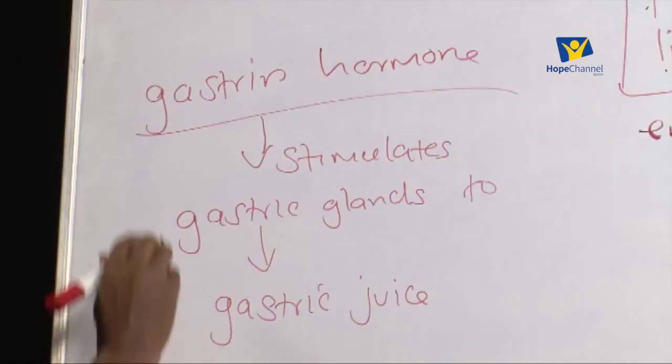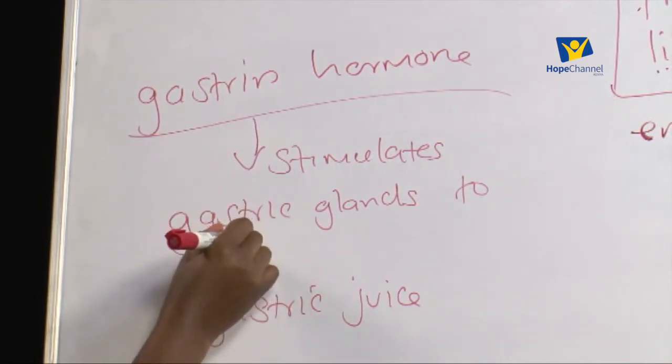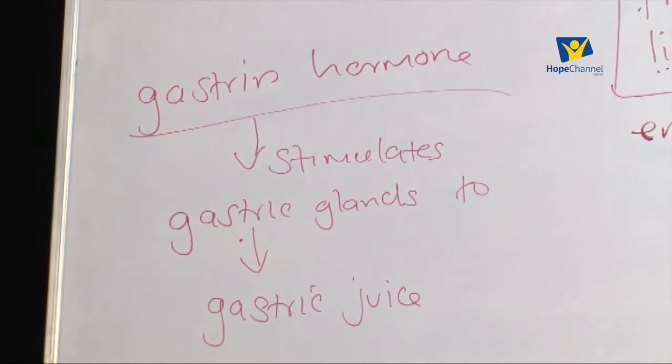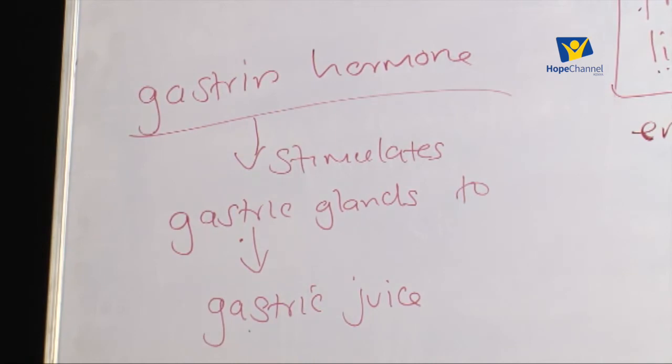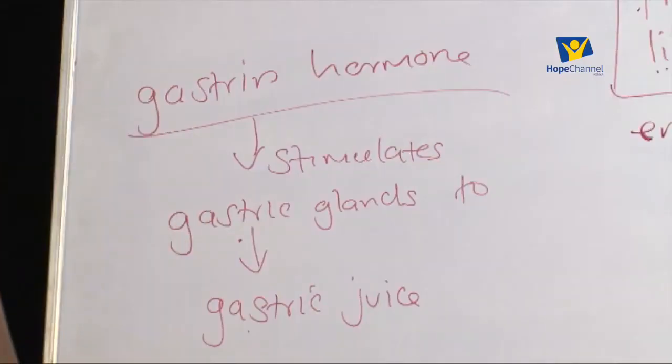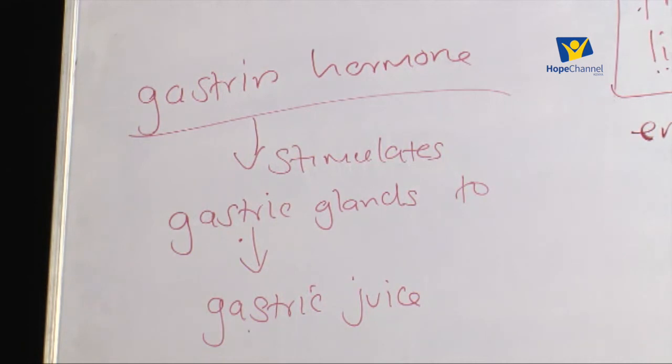So presence of food in the stomach stimulates the stomach walls to release a hormone known as gastrin. Gastrin hormone in turn stimulates the gastric glands to release a digestive juice by the name gastric juice.